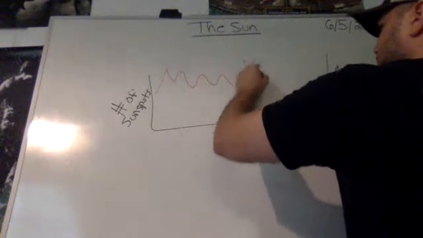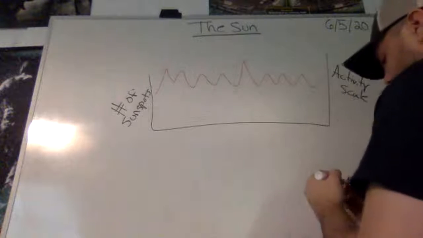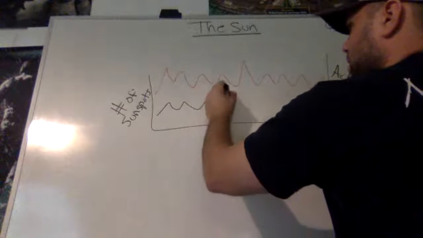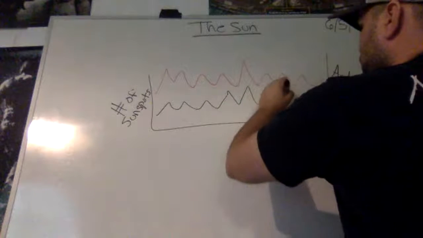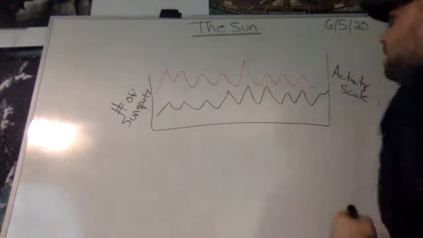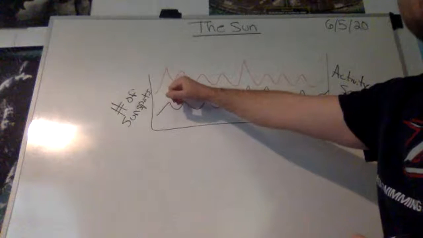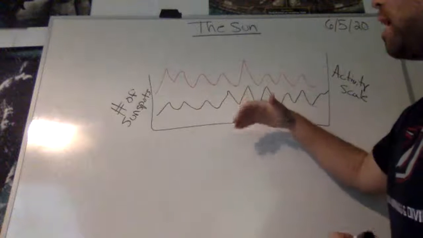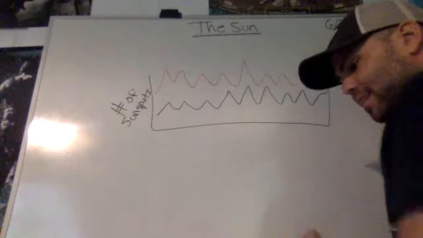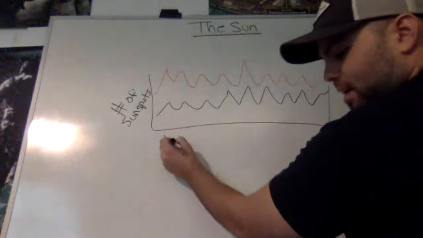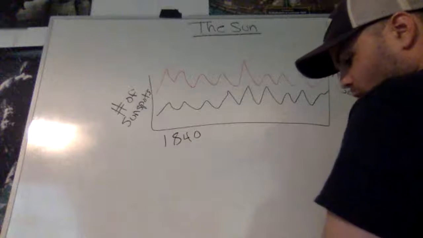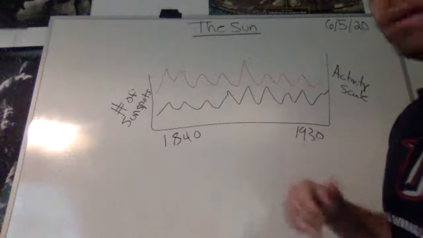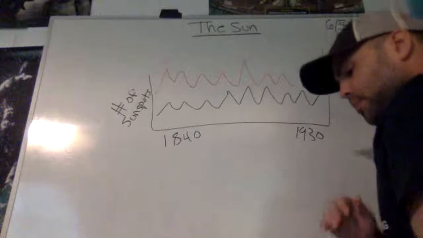They give you basically one line going like this, and then we have a lighter line that basically goes with it. When one line goes up, the lower line also goes up, and when it goes down, it also goes down. And then at the bottom, it basically starts at 1840, and it goes all the way up to just off the scale at 1930, okay?